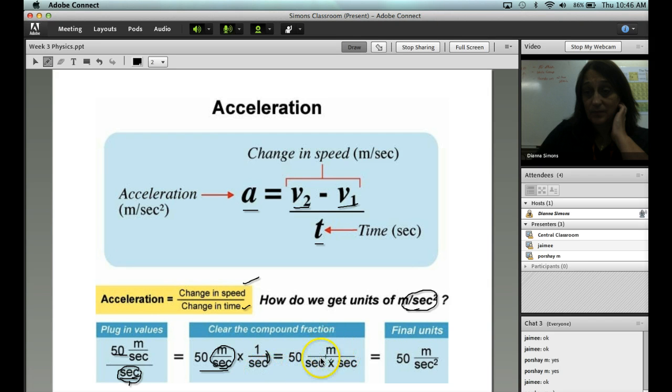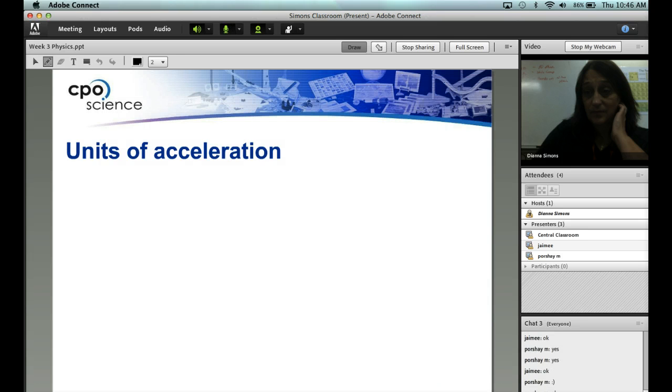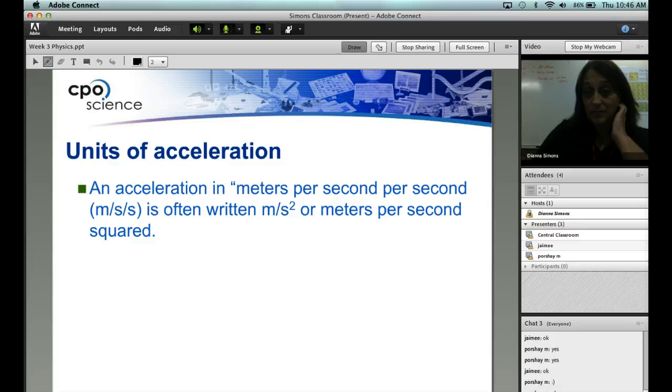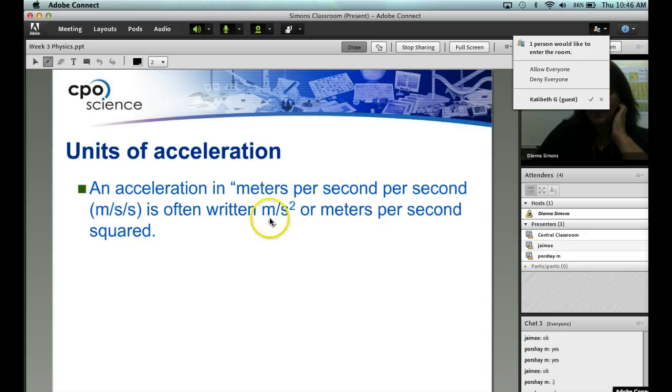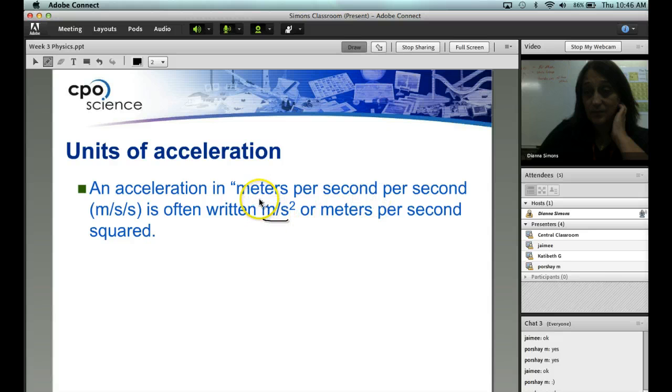So what we get is meters per second times 1 over second, which is meters per second squared. All right? So that's how you get meters per second squared. And that's acceleration. So the acceleration in meters per second squared is this way. It's a lot nicer. I always write it like this. But if you really want to, you can write it like this.